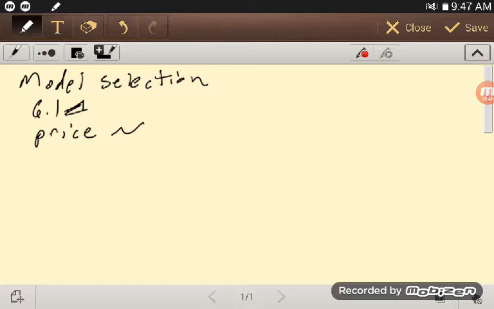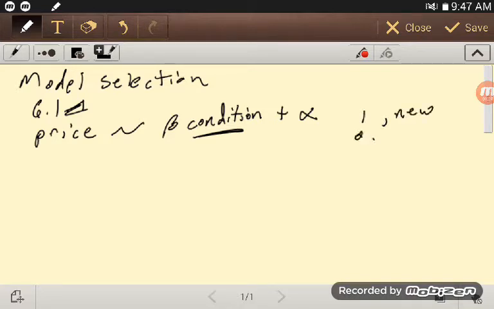Is that some beta times the condition plus some alpha. Condition is just a two-level categorical variable: 1 if new and 0 if not new.